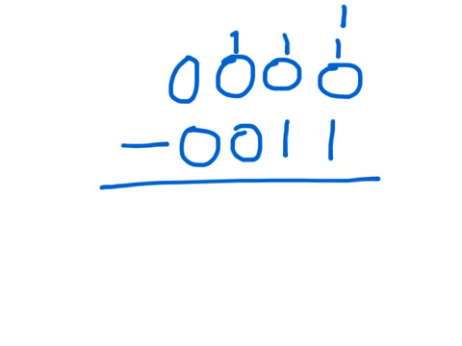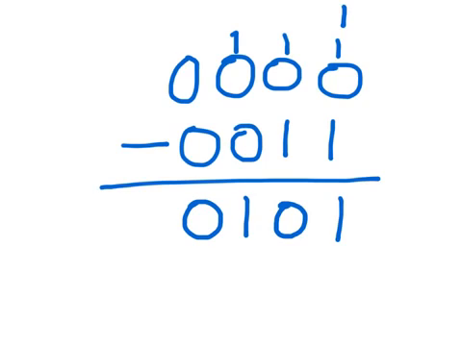So now you're saying that 2 minus 1 is 1. 1 minus 1 is 0. And 1 minus 0 is 1. And finally 0 minus 0 is 0.